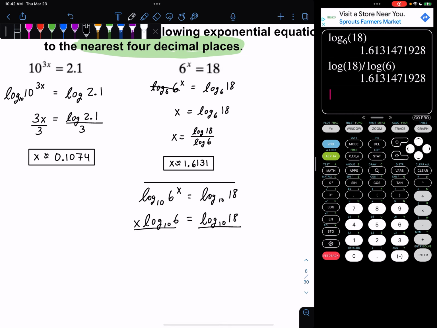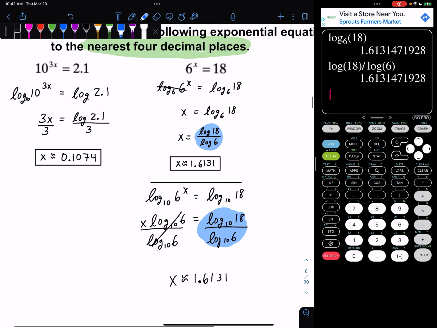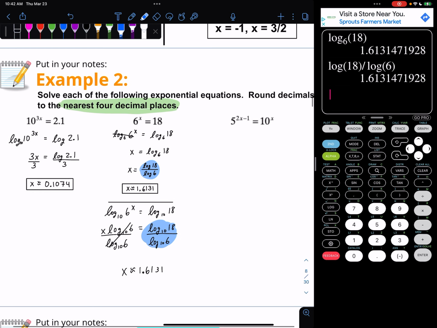You can divide both sides now by log 10 of 6, and you get x is still approximately 1.6131. It's that same fraction we have up here. It's the same. So this is the same as here. So either way, you will get the right answer. So you see, some of these have multiple ways to get the same answer. And that's okay. There's nothing wrong with that.